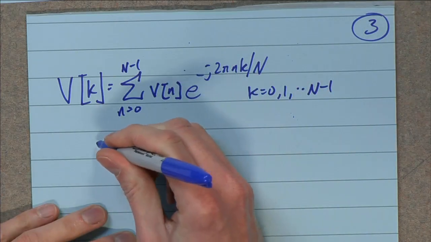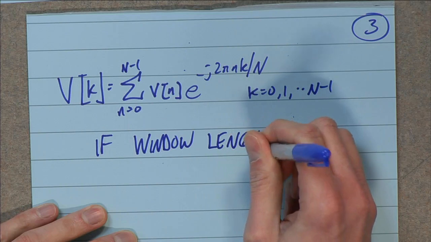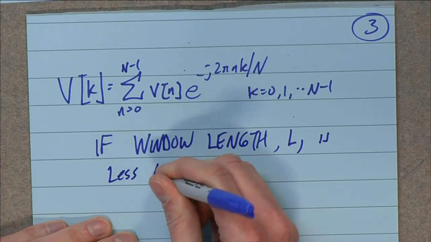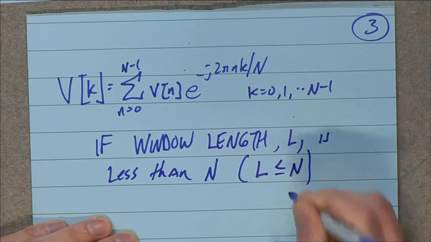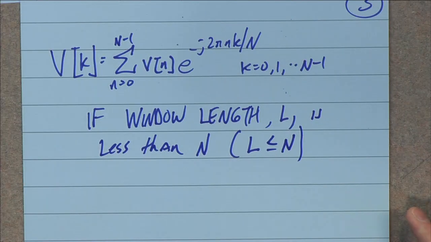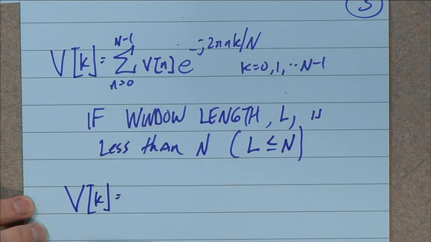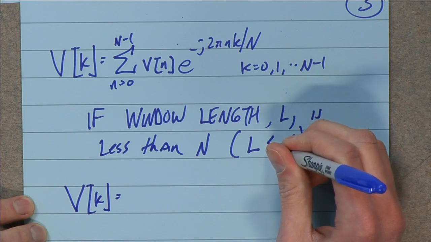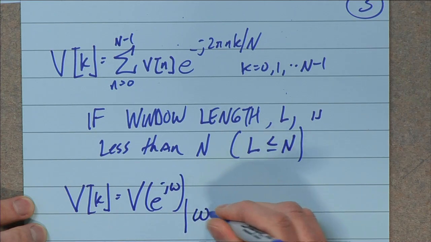Now, let's suppose the window length L is less than or equal to N. I think I want the window length to equal L, because I want the samples to be like what we talked about before.